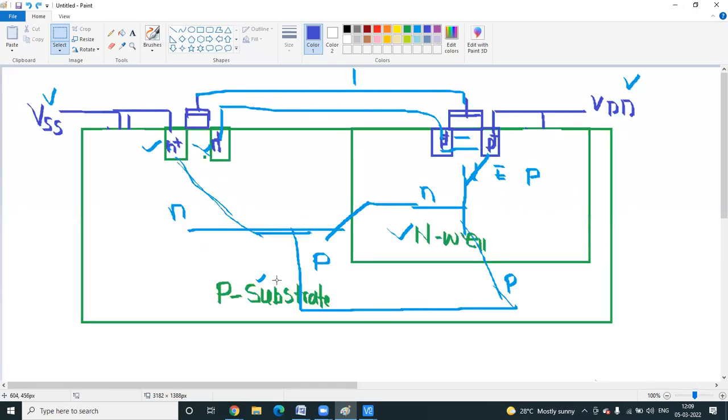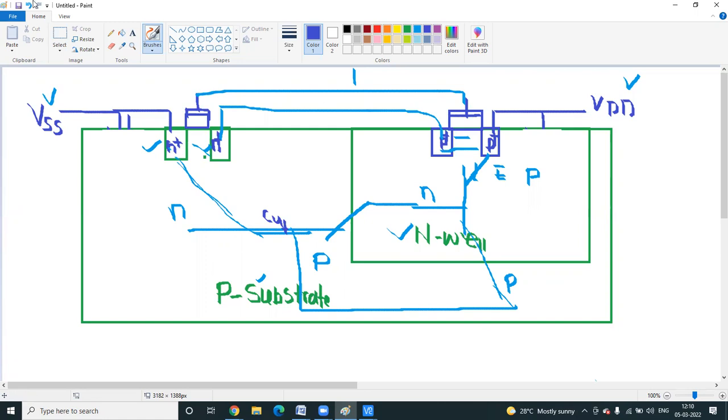Any doubt till now? Next point: how does adding the tap avoid the latch-up error? Latch-up error means we are avoiding this current. We have saturation, linear or cutoff regions. For current to flow, the device must be in the linear or saturation region.